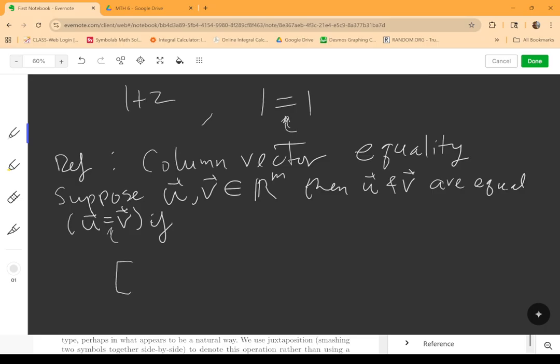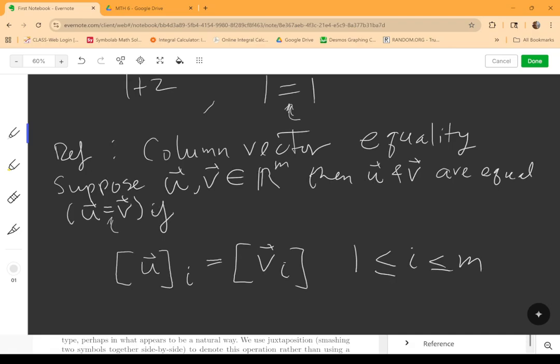What we're going to define for two vectors to be equal is that each of their elements is equal to each other, and this has to be true for all i. All right, so that's what we're going to define to be vector equality.